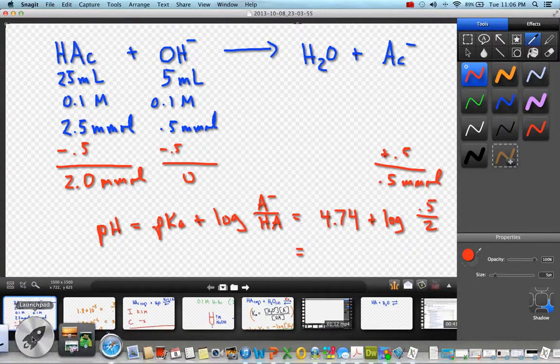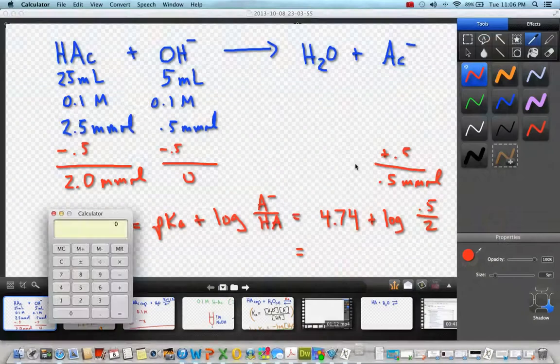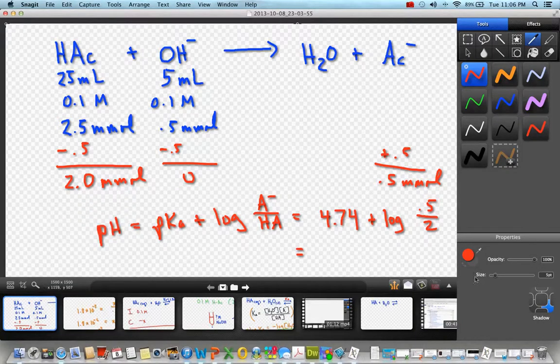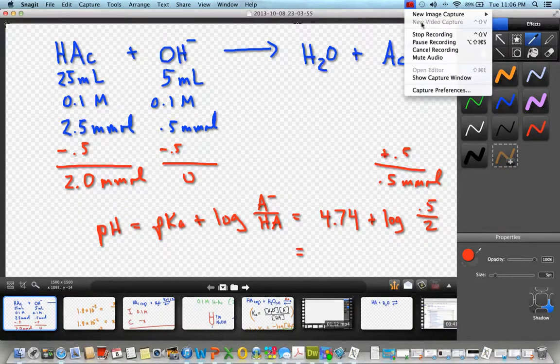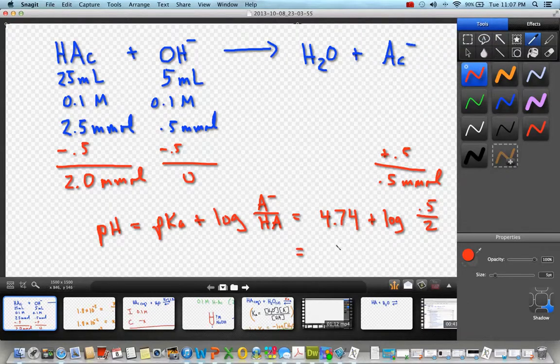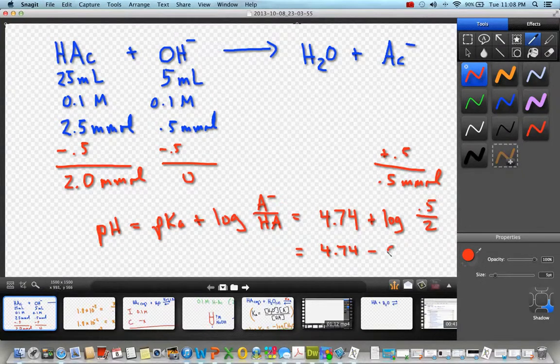So quickly, I'm going to do this math. So when I plug this in my calculator, I find I get 4.74 minus 0.6, which gives me a pH of 4.14.